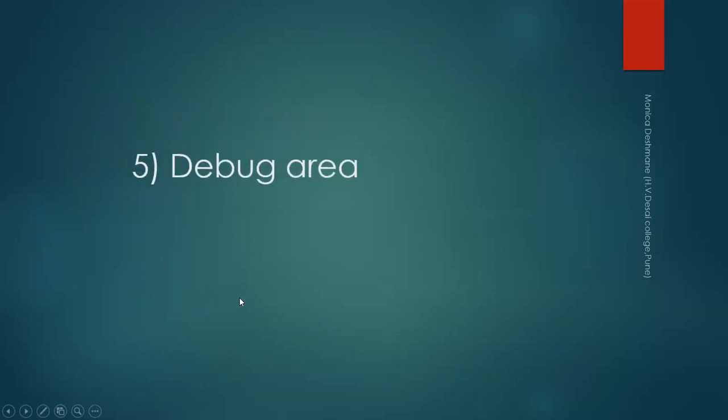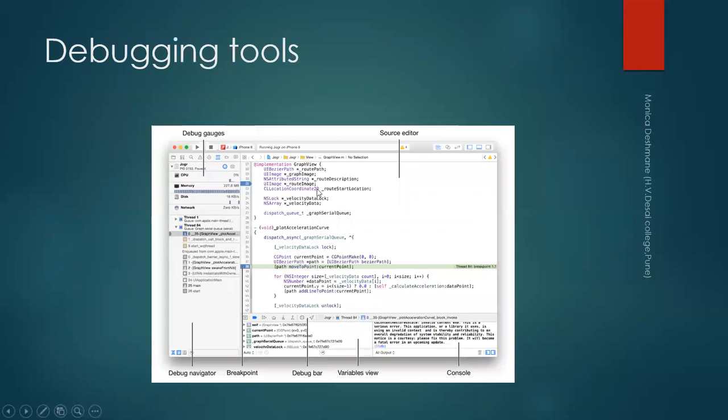Now the fifth area, that is the debug area. Again recall the figure, which is the last area of this Xcode interface. This is the navigator, then this is the editor area, which we have seen earlier, and below that editor area you'll get this debug area.